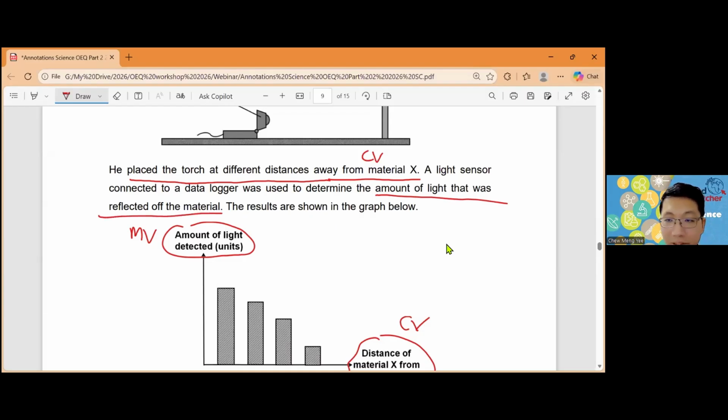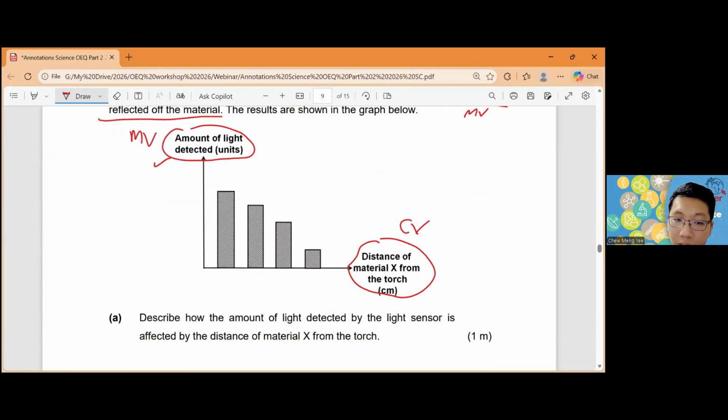Very similar, so either one of these can be the measured variable. But I would say the better one is just what is from the graph itself, so amount of light detected by the light sensor.